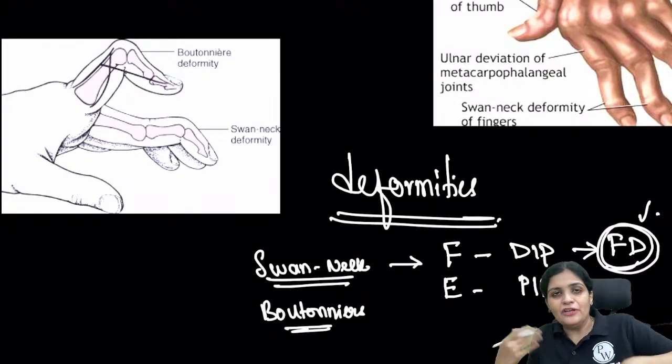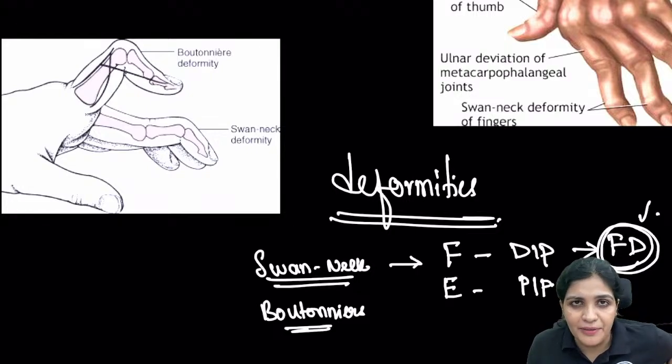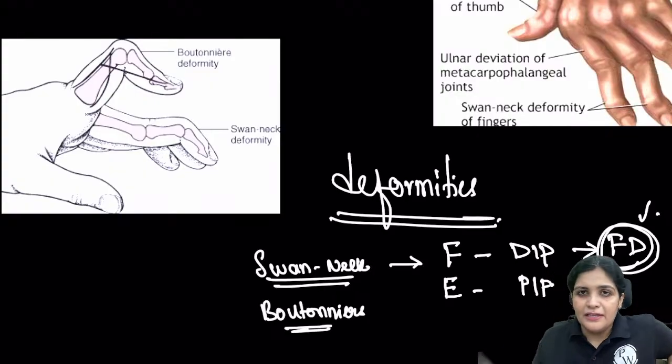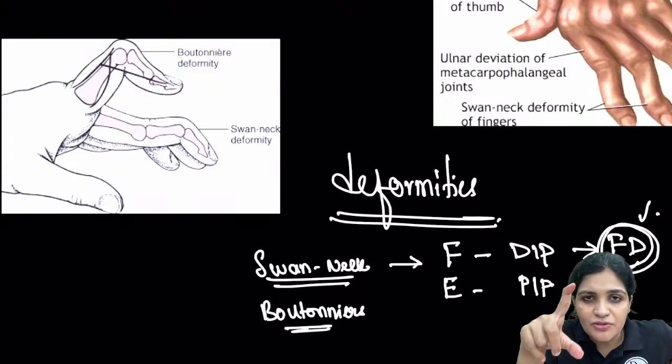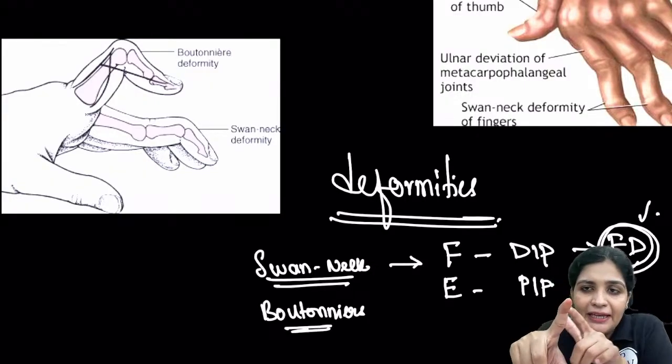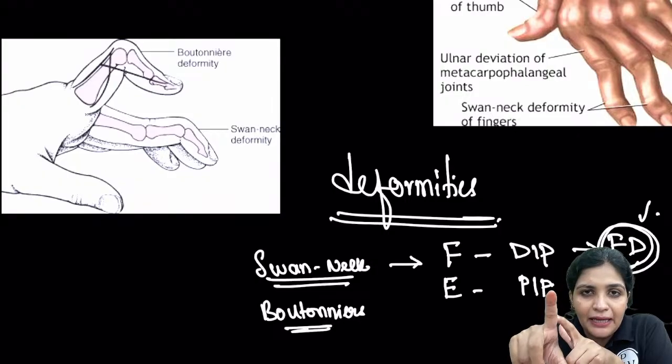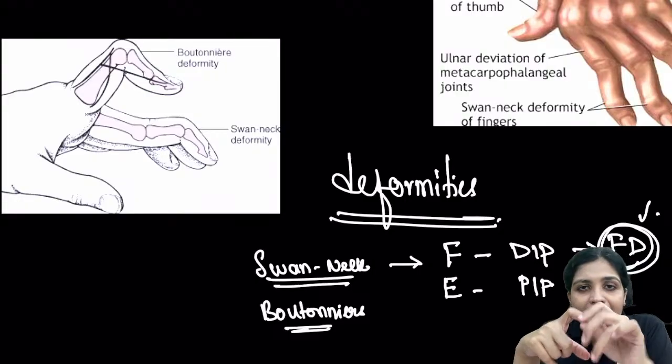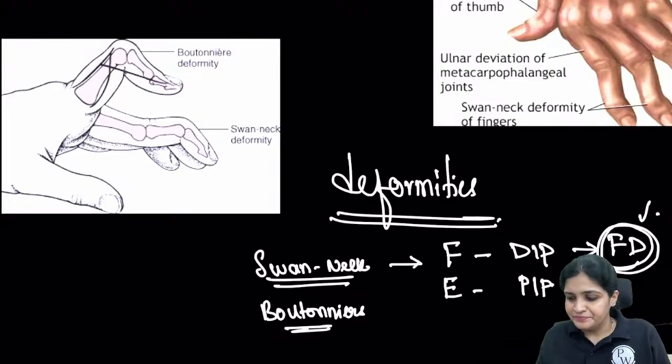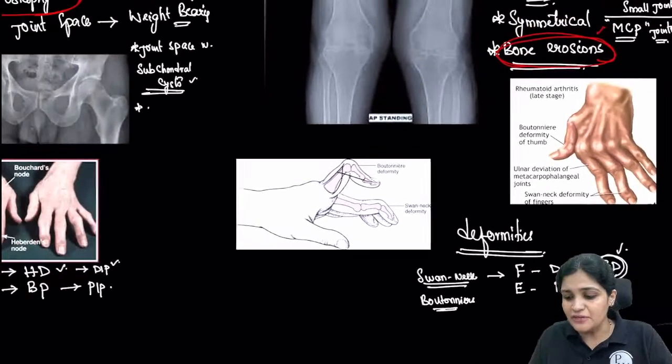So it is exactly opposite for your boutonniere deformity. Understood? Yes. So this is your swan neck. Boutonniere is exactly opposite. There will be flexion in the PIP and extension in the DIP. Okay? So these are the various deformities.